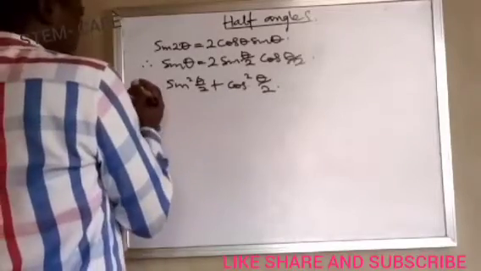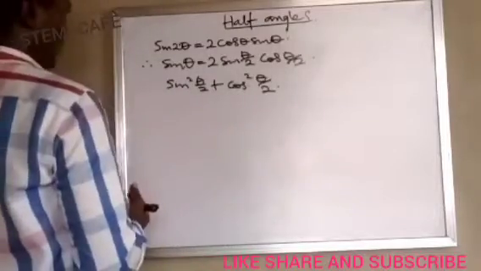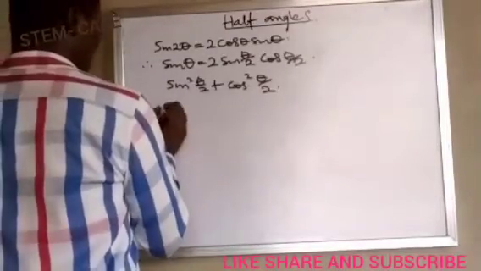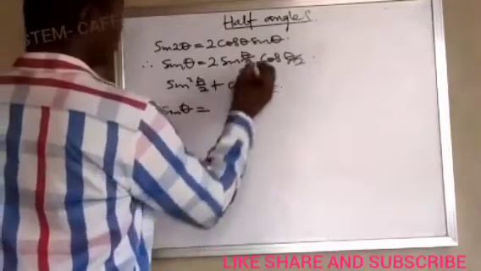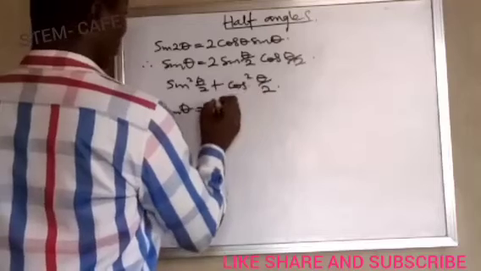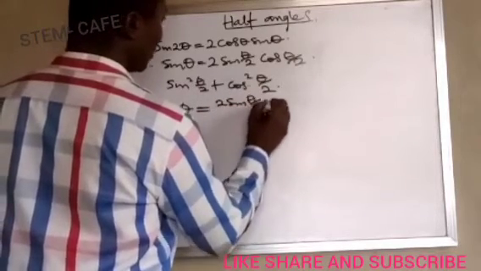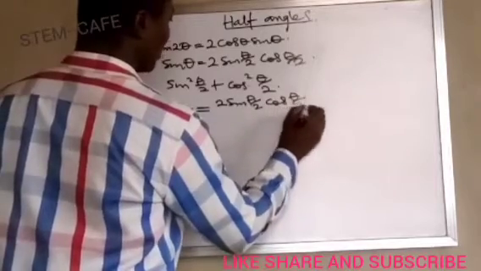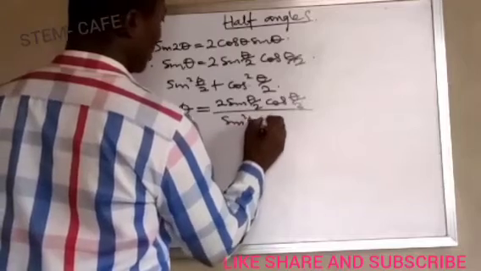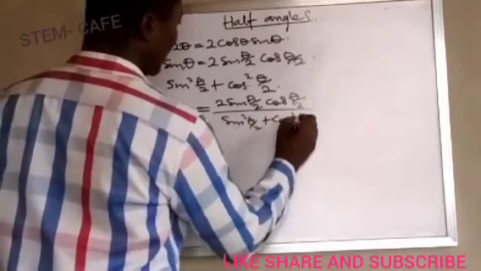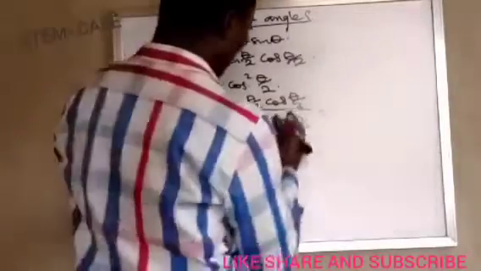We can find our sin and cos of theta over 2 straight from here. Let me finish this process. So sin theta, once I know a figure for it, I'm just going to make it like this: 2 sin theta over 2 cos theta over 2, over sin square theta over 2 plus cos square theta over 2. Let me divide the numerator and denominator by cos square theta over 2.